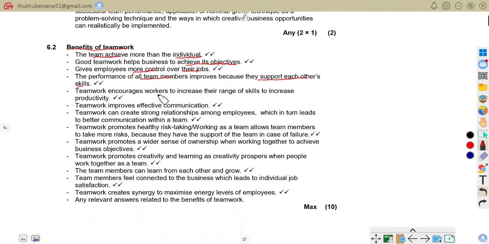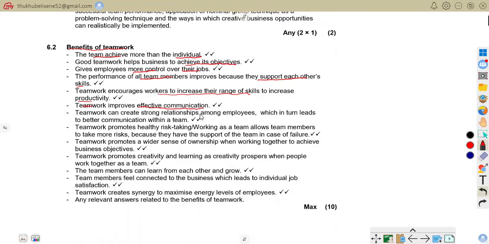A team encourages workers to increase their range of skills to increase productivity. So members in the team encourage one another to improve their skills, and that is going to help the organization to increase what? The productivity. Teamwork improves effective communication.